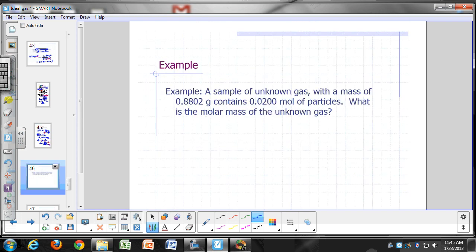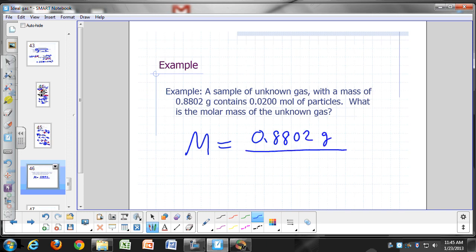Here's an example. A sample of unknown gas with a mass of 0.8802 grams contains 0.0200 moles of particles. What's the molar mass of the unknown gas? This is a simple, straightforward question. If you know the mass and you know the moles, how do you get molar mass? 0.8802 grams divided by 0.0200 moles.